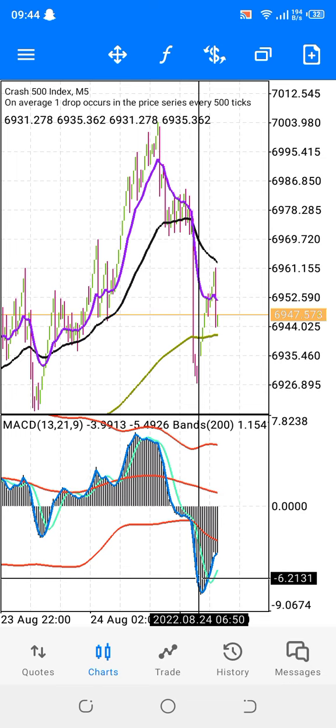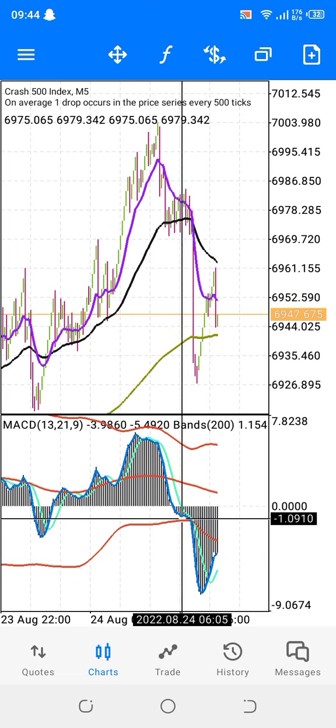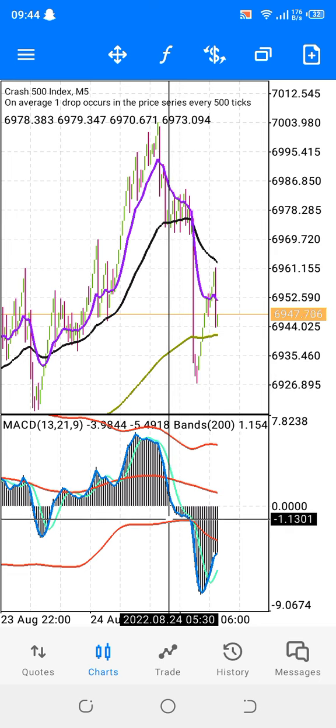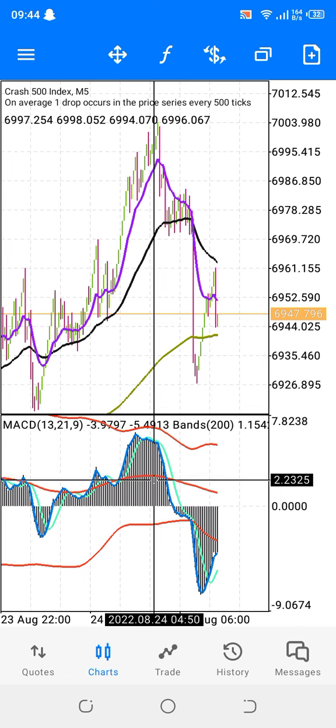So this is how it works. Like in Crash 500, if you want to buy, you wait for the MACD, the zebra thing, to go below the Bollinger Band. My Bollinger Band is the one in red, these 3 lines, 1, 2, 3.